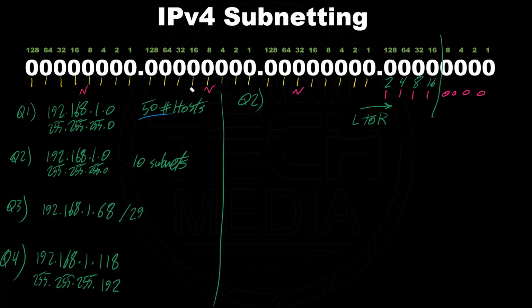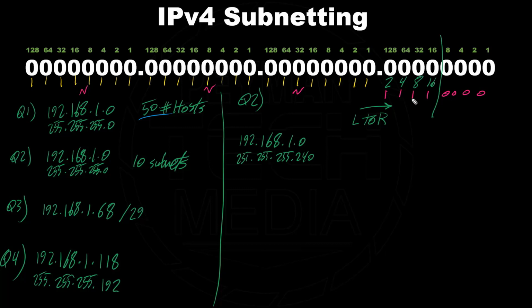So how many ones do we have now? Up to here, 24, plus this 4, 28. So the network address of 192.168.1.0 with the new subnet mask, if we convert all this binary to decimal, is 255.255.255.240. Where is this 240 coming from?